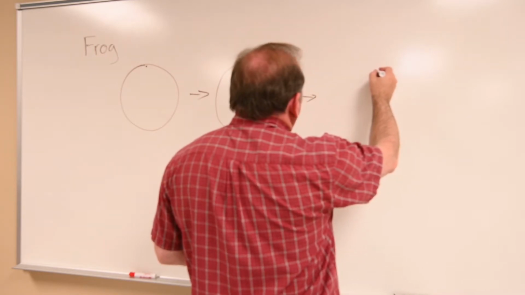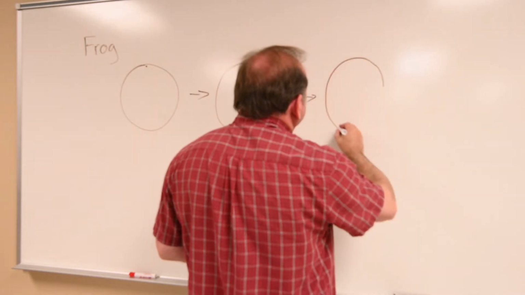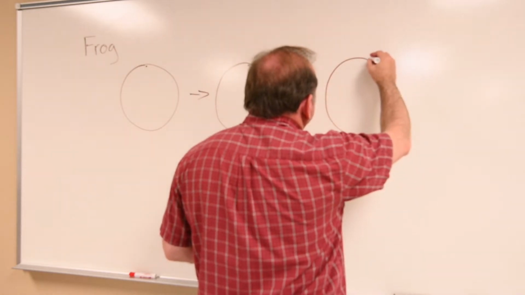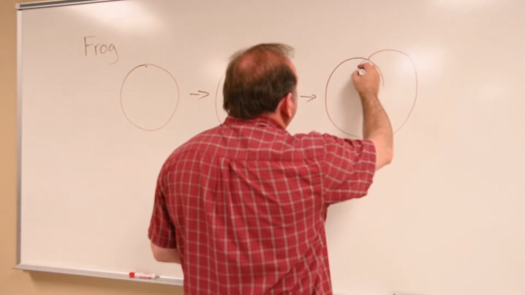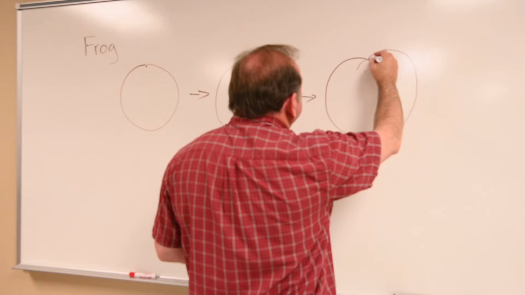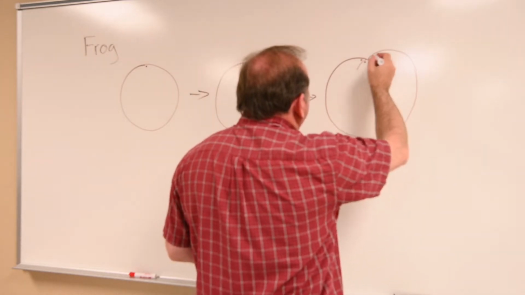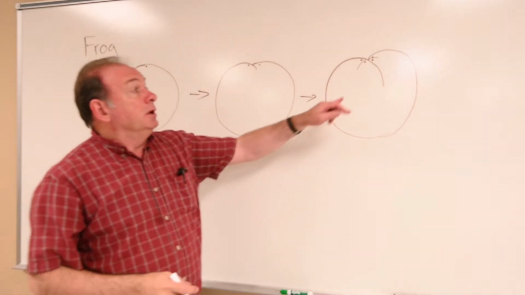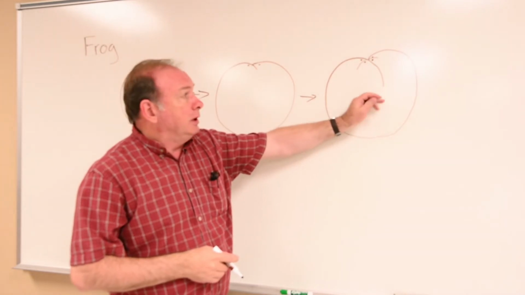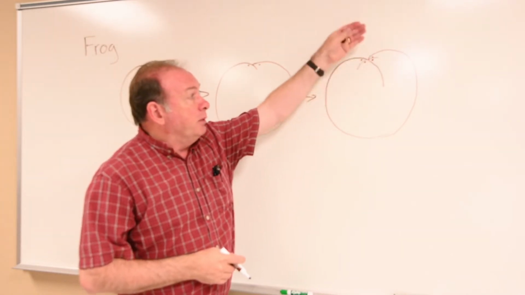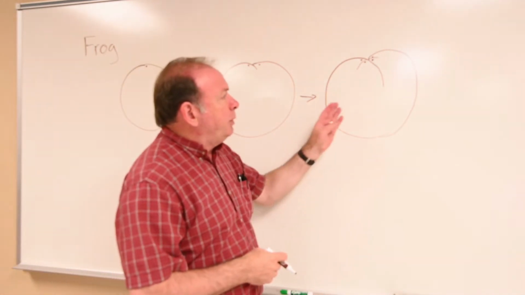The four-cell stage. In the four-cell stage, that initial cleavage furrow has progressed a little bit further, and a new cleavage furrow begins between the different nuclei there at the top, and the process continues.